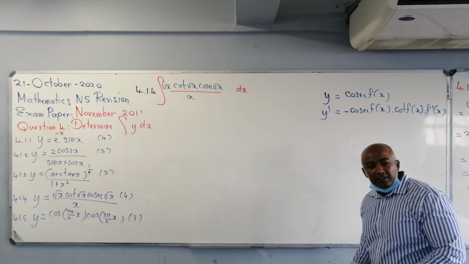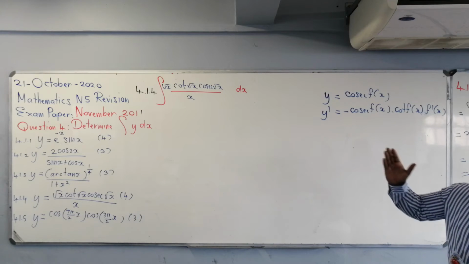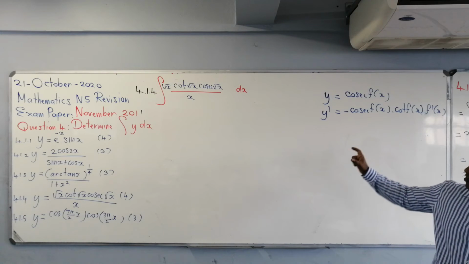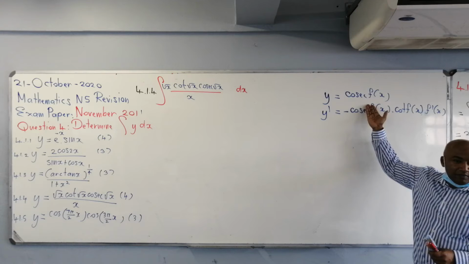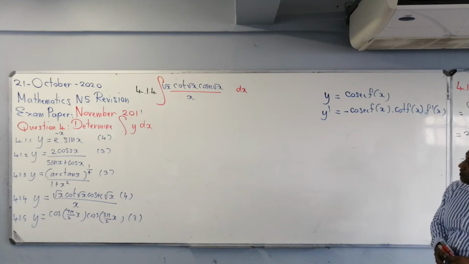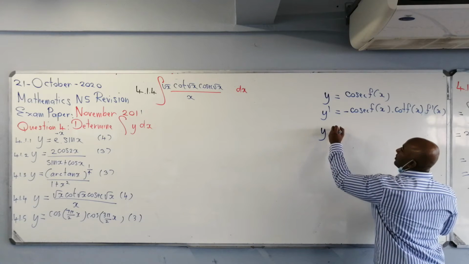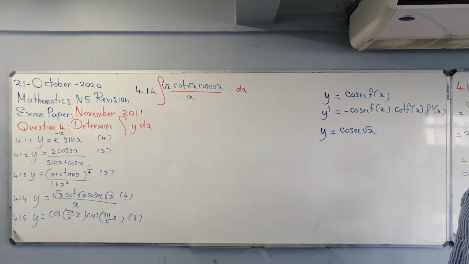That is the exact derivative of cosec. So when you see cot times cosec, you must remember that that is a result of the derivative of cosec. Now an example is, what happens if I have y equal to cosec of square root x? Let's test this out and see what happens.